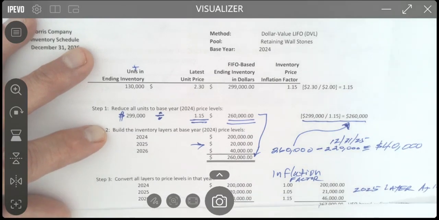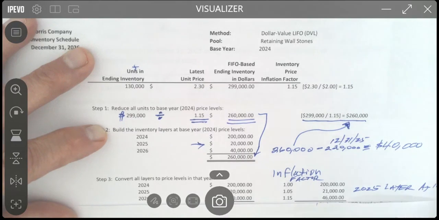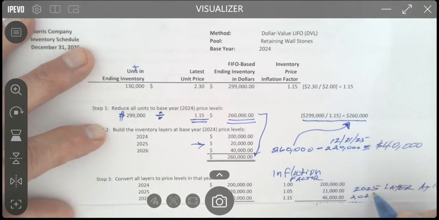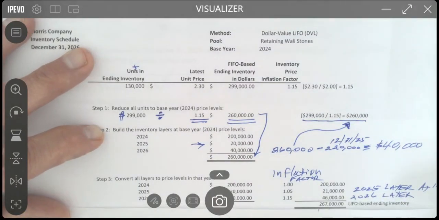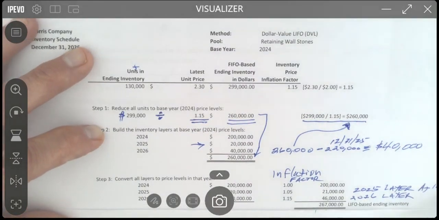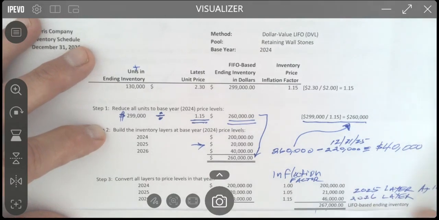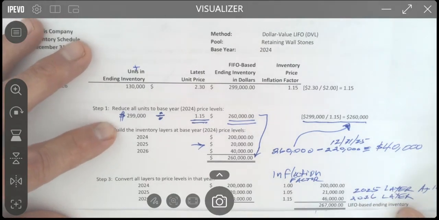And then 2026, we inflate it. The 2026 layer is 46,000. And when you add those 3 up, you have your LIFO-based ending inventory.